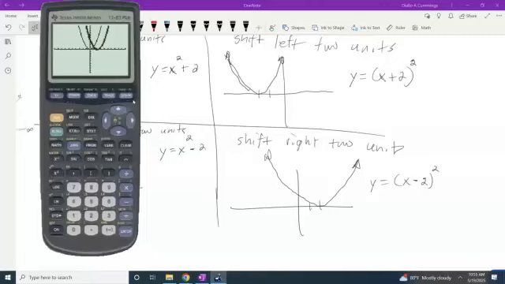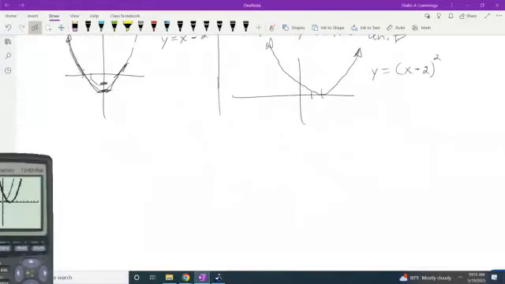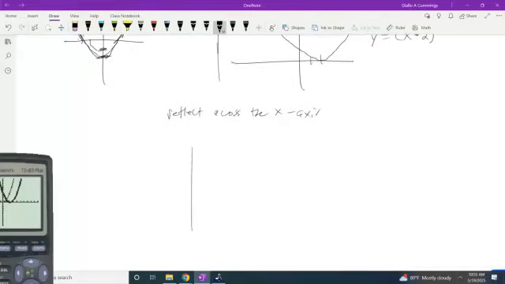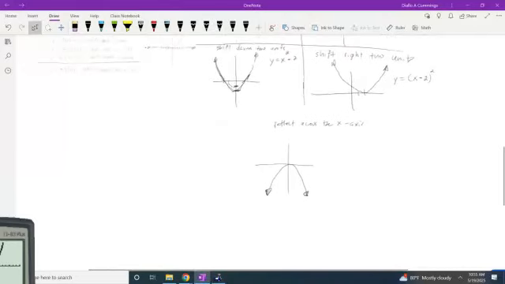All right, so that's up, down, left, and right. And the last one is to reflect across the x-axis. So what would be the equation for this graph?